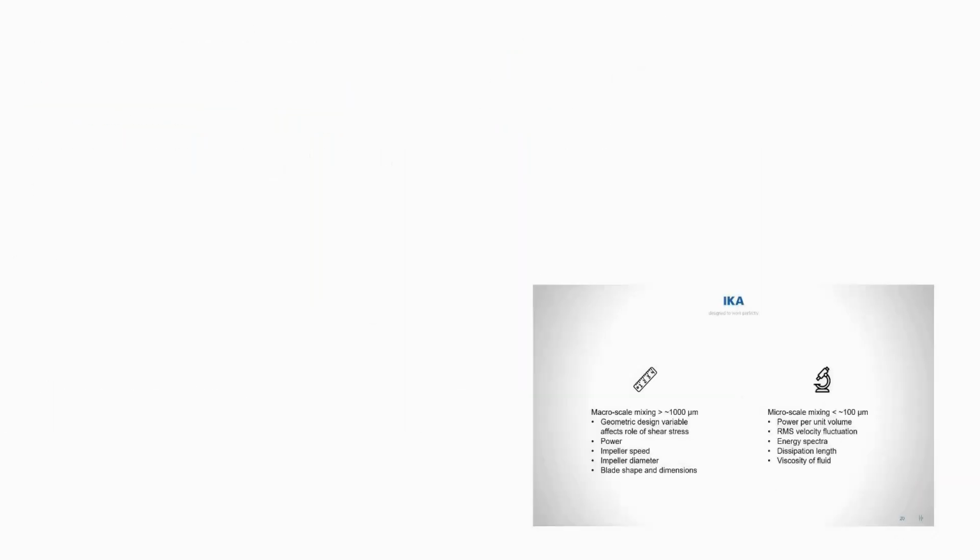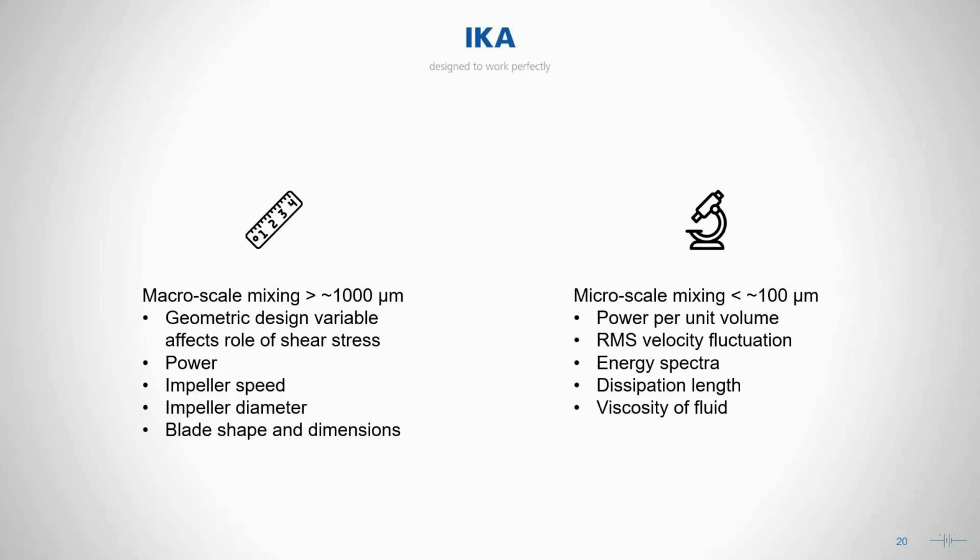Now, if we dig into those process parameters and which process parameter is most important, depending on your mixing scale, when you're mixing in the macro scale regime, which we define as particles above 100 microns, the most important parameters that are going to influence your mixing here will be your geometric design of your mixer, your power, your impeller speed, your impeller diameter, and your blade shape and dimensions.